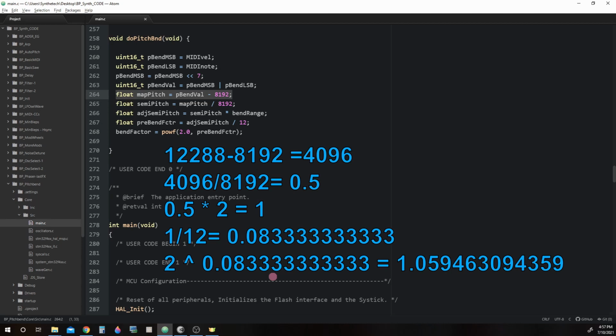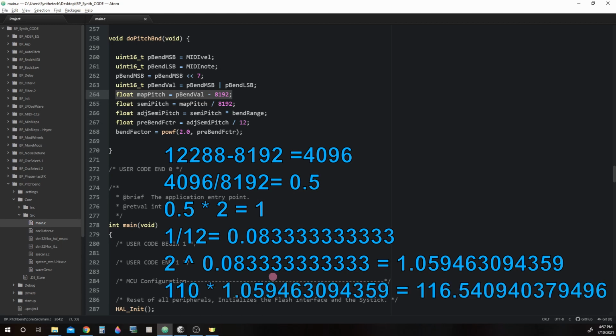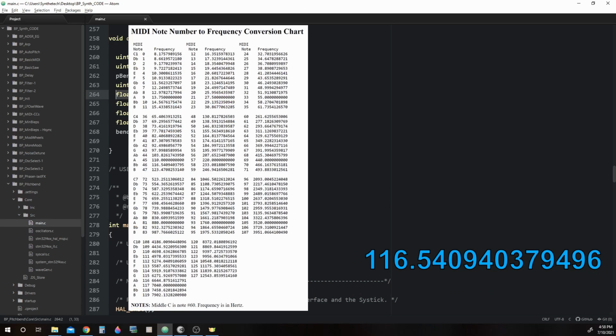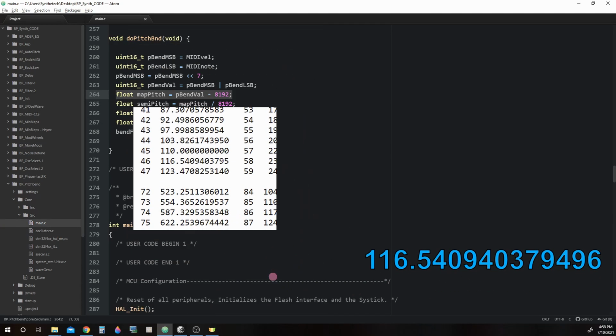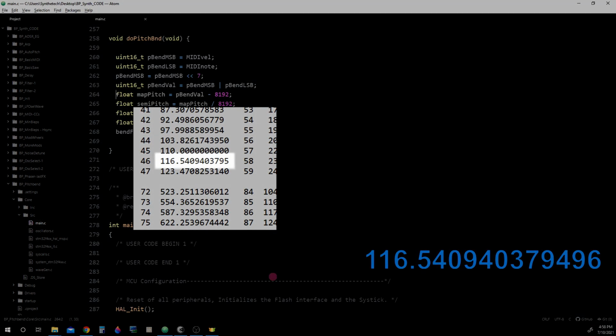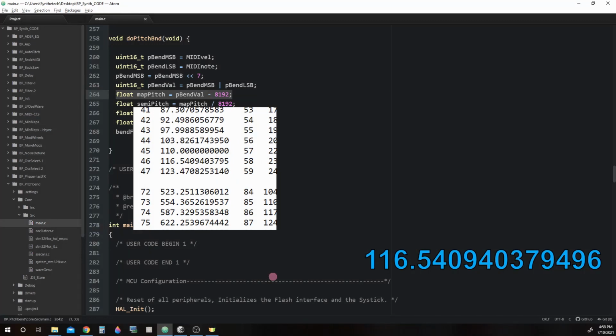Now let's multiply against our base frequency of 110. 110 times 1.059463094359 equals 116.540940379496. When we check our note to frequency table, we can see the next semitone past 110 Hz is 116.5409403795. Amazing! We hit it dead on, didn't we?